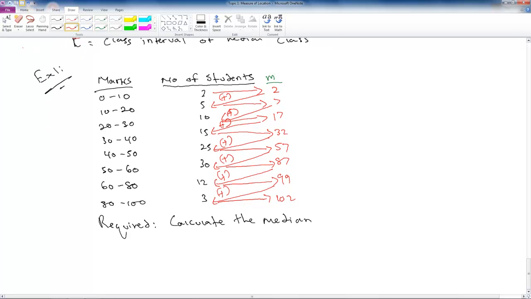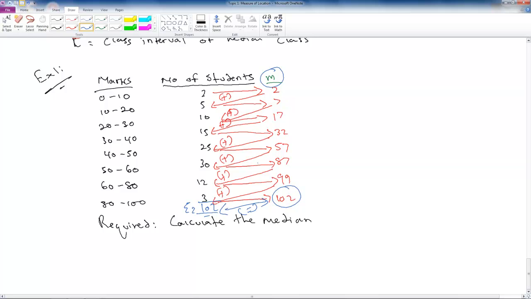That's how you calculate the cumulative frequency. Then what do you do? You total up these: 2 plus 5 plus 10 plus 15 plus 25 plus 30 plus 12 plus 3, you should get 102, which is equal to this total.